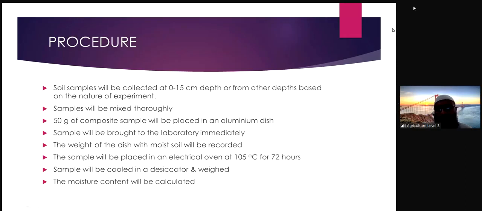Say, for example, we are determining soil water in soil. So how could this experiment be used in our practical life experiments, in our research?